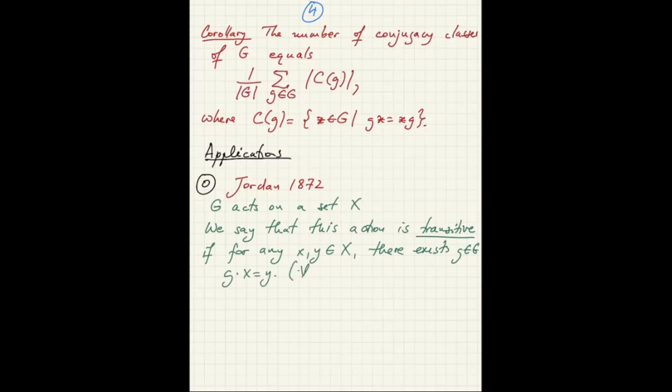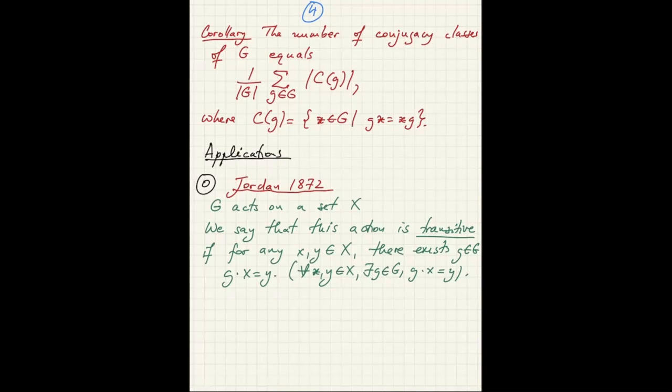Let me put it in more symbols: for any x and y in X, there exists g in G, g acting on x equals y. Informally, all the elements of X look alike via this action. So this is the definition.